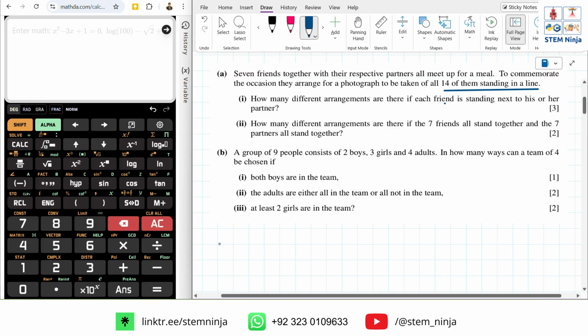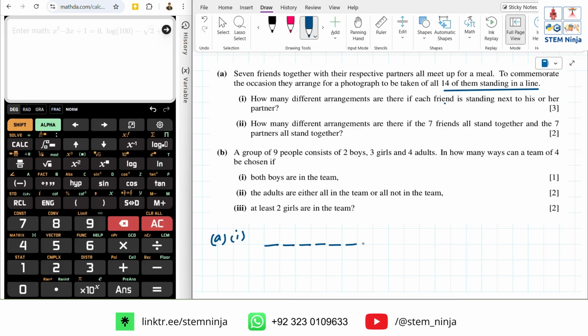All right. So basically, you have part A. You will have seven groups. One, two, three, four, five, six, seven. Seven groups because all the seven friends want to stand with their partner.